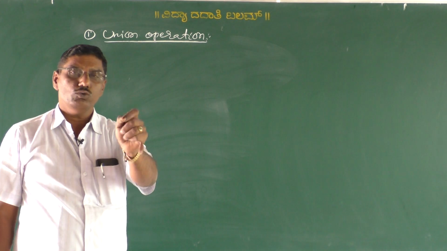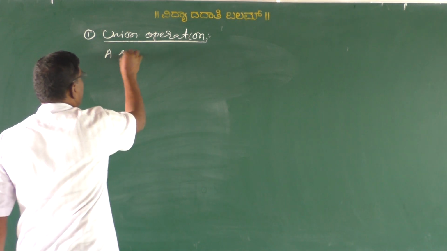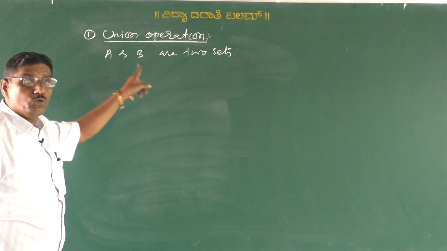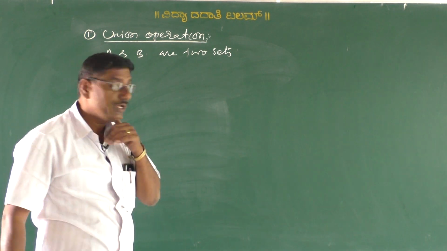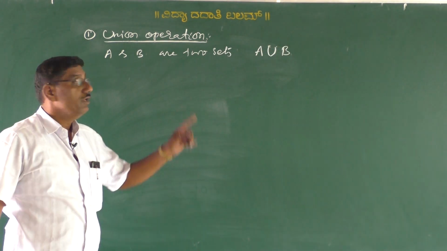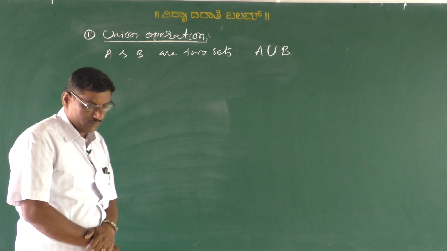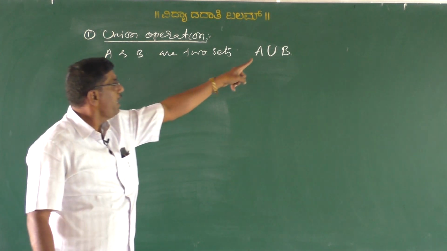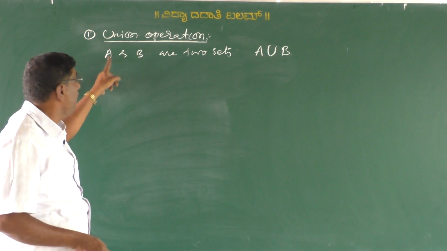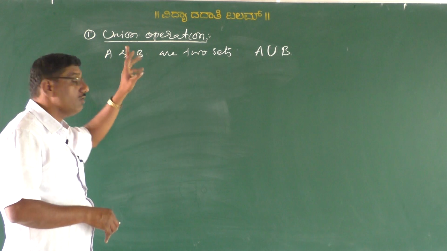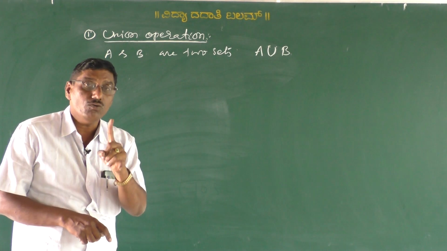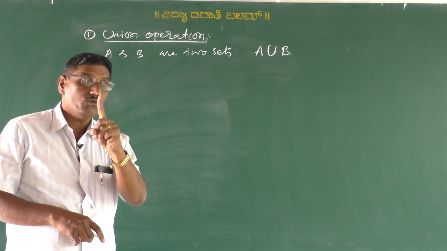Consider A and B are two sets. The union of two sets A and B is denoted by A union B and defined as follows. The union of two sets, A union B, is also a set, formed by taking the elements of A and the elements of B, and the common elements of A and B, but we have to take them only once.